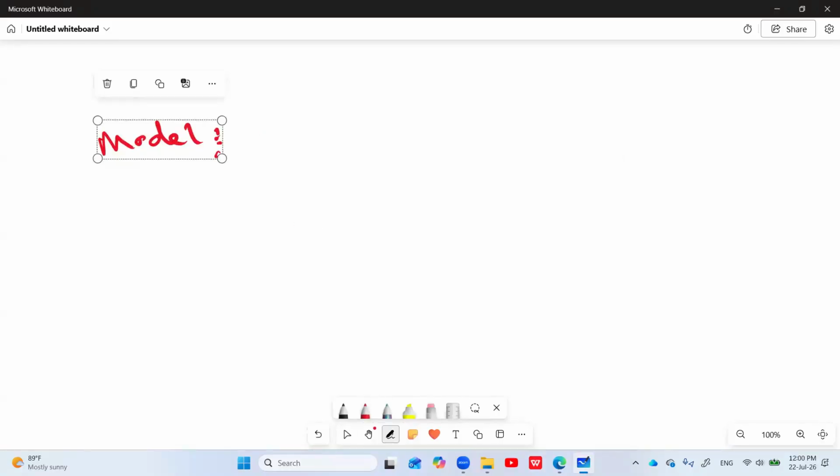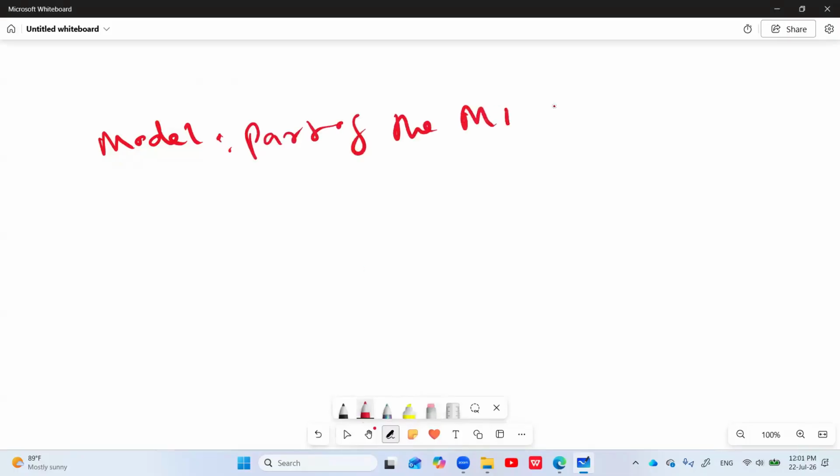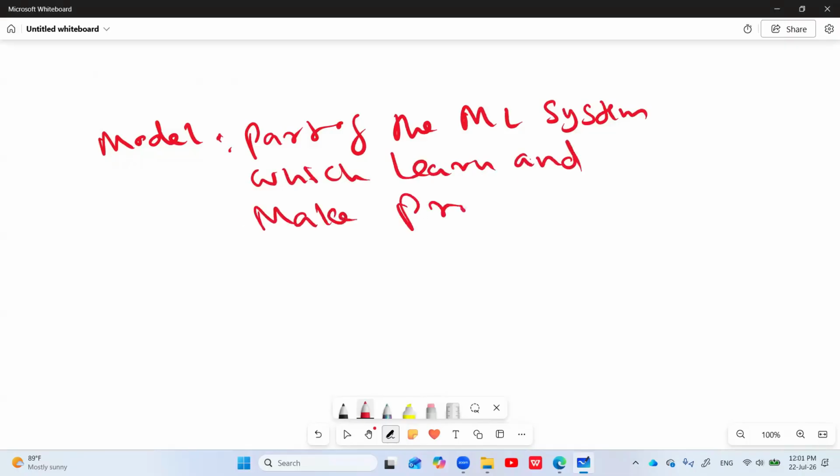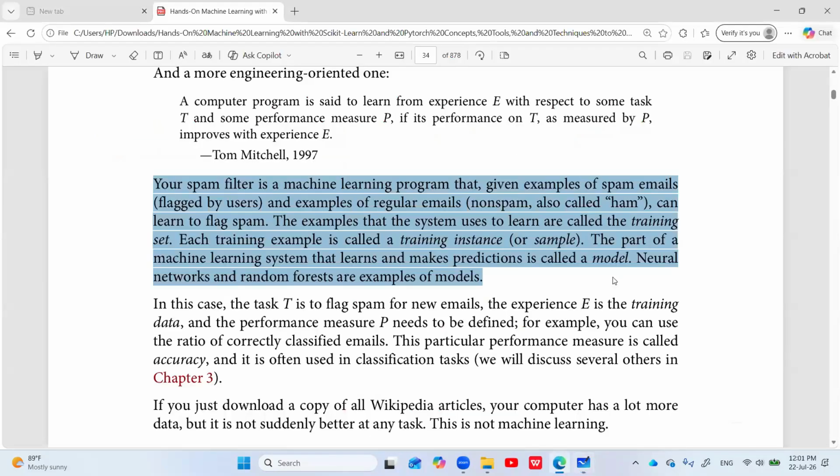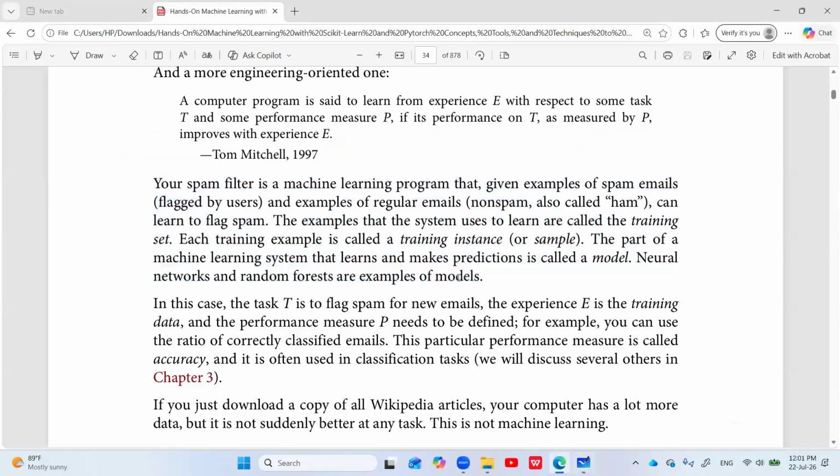Model is a part of the machine learning system which learns and makes predictions. Neural networks and random forests are examples of models.